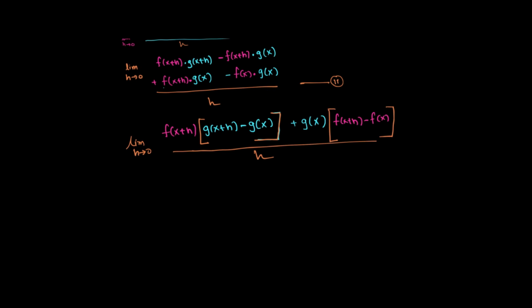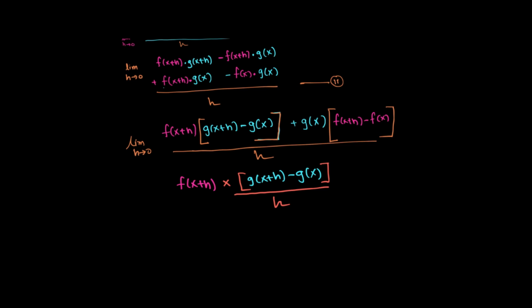So what I can do is write this as f of x plus h, and then we have g of x plus h minus g of x by h multiplied, right? But I will write it in this form: g of x plus h minus g of x, but the h will be divided onto this one. Because both of them are multiplied, it doesn't matter in which denominator you place it.